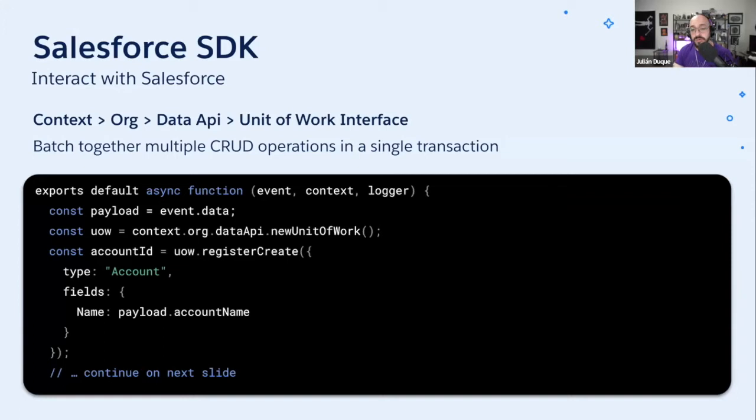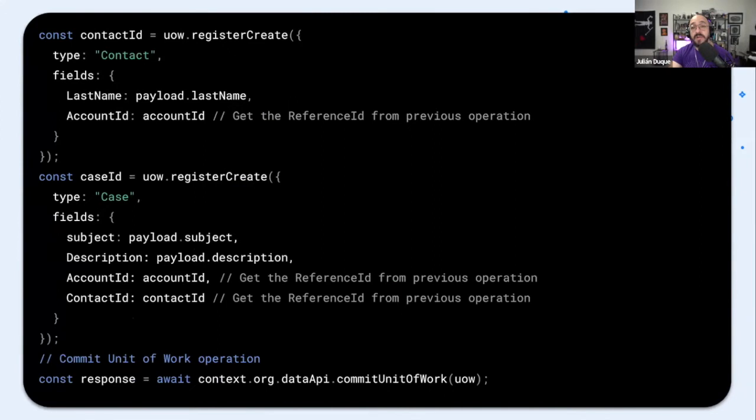So here I am creating a new unit of work. With that unit of work, I'm going to be registering operations. So here I am registering a create, and I'm getting a reference ID. With this reference ID, I will be able to register more creations and create relationships between those objects.